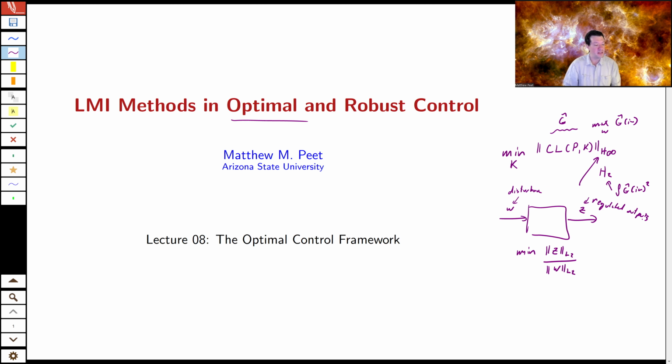In this lecture, we are going to focus on two parts. The first part of the lecture is formulating a given problem in this framework: isolating the things we're trying to minimize, the regulated outputs, as a function of the things which we can't control, the disturbances, the things we're trying to minimize the effect of.